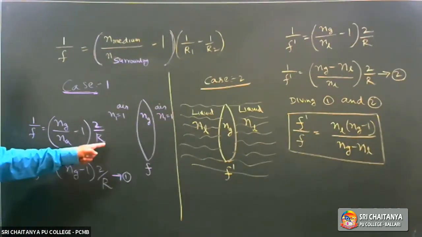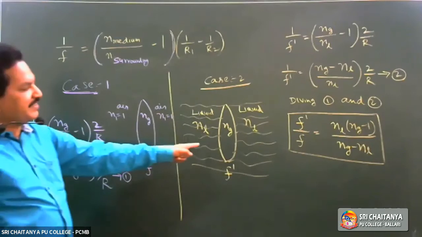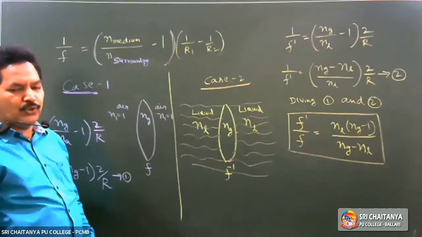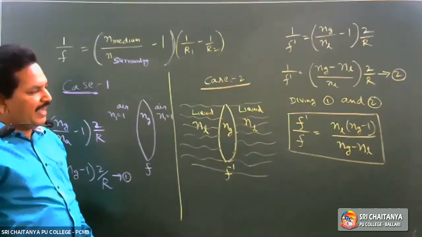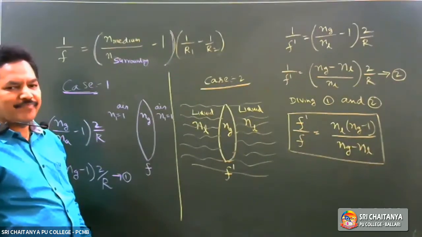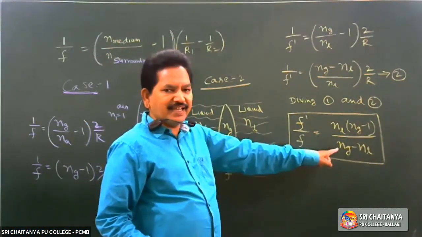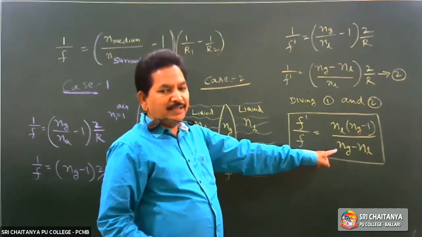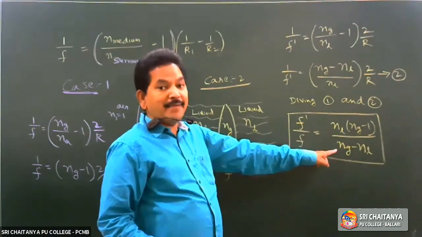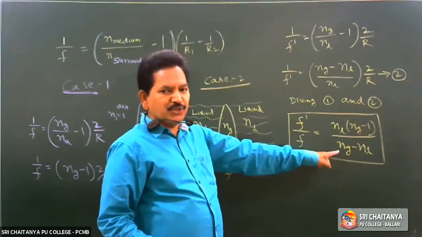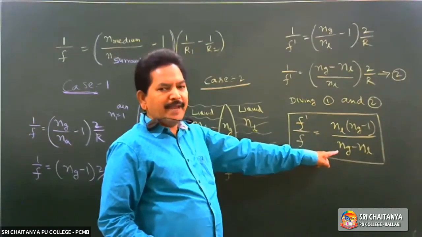First it is in air column. Now it is in the liquid. F dash by F is equal to Nl into Ng minus 1 divided by Ng minus Nl. Three cases arise because the denominator Ng minus Nl may be positive, may be negative, may be zero.